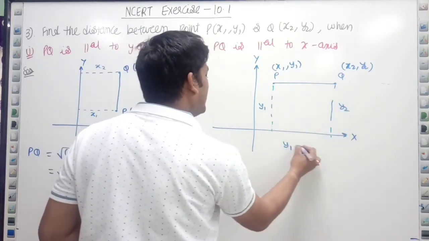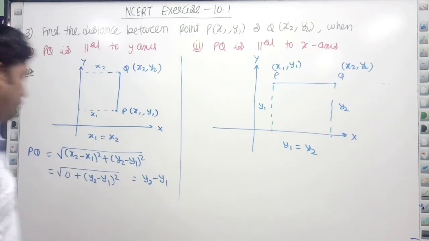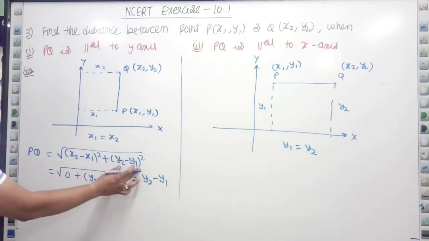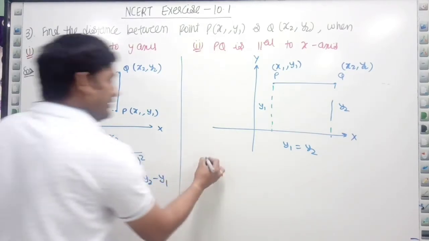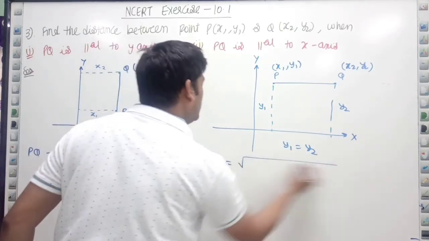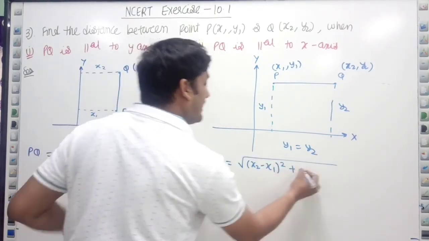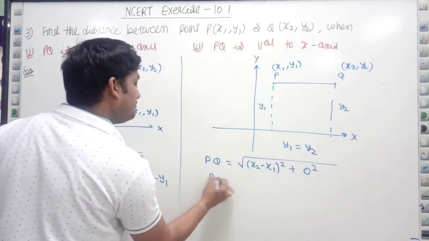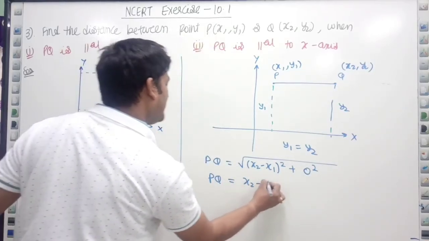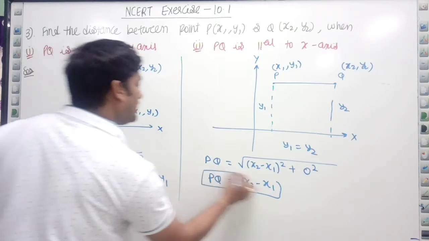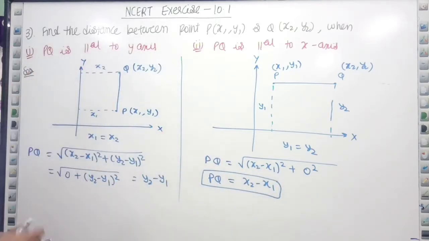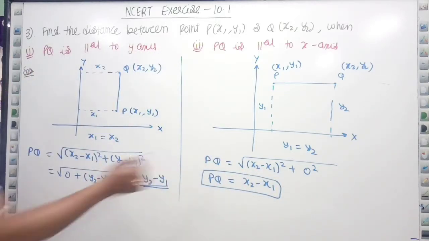Can I say y1 equal to y2? And if I put y1 equal to y2 in the formula, then PQ will be under root x2 minus x1 का whole square plus 0 का square, means PQ क्या हो जाएगा, x2 minus x1. तो यही मुझे निकालना था. That's what I need to find.